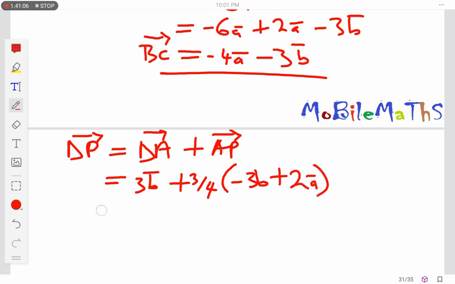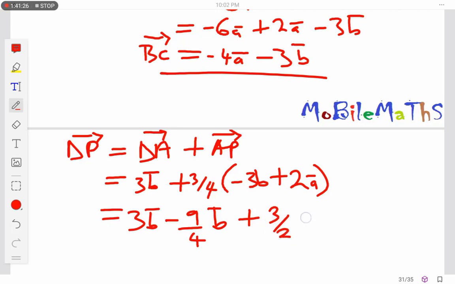So let's simplify the fractions. This is 3b plus 3 by minus 3 there. I'm going to get minus 9 over 4b. Then plus 3 over 4 by 2a to give me 3 over 2a, like that, 2 going into 4 there.